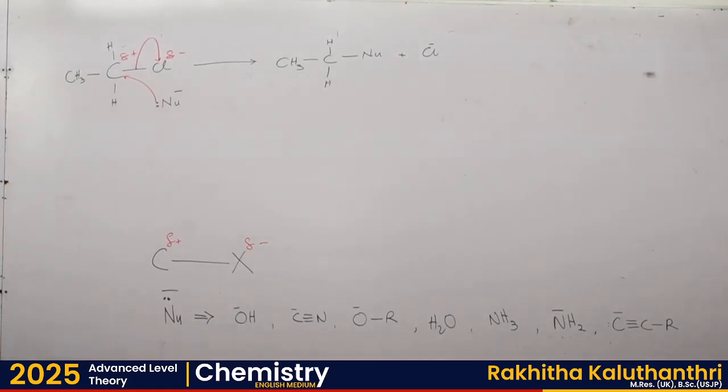In most of these cases, except for a special type of mechanism we will talk about later, the nucleophiles are added through the exact same mechanism that I have mentioned above.